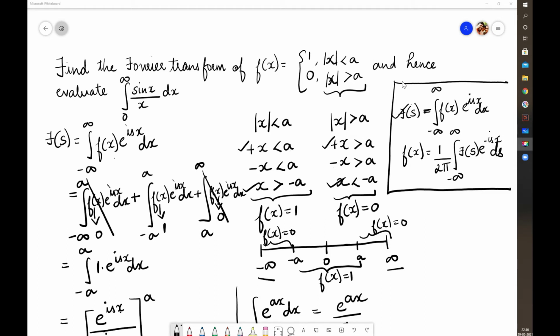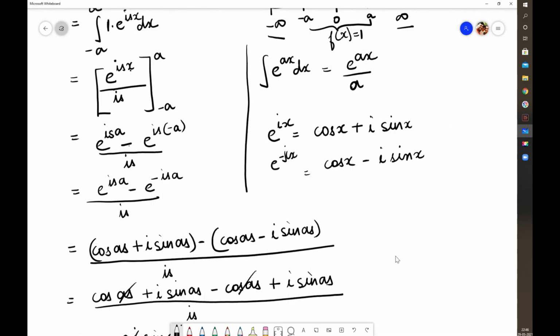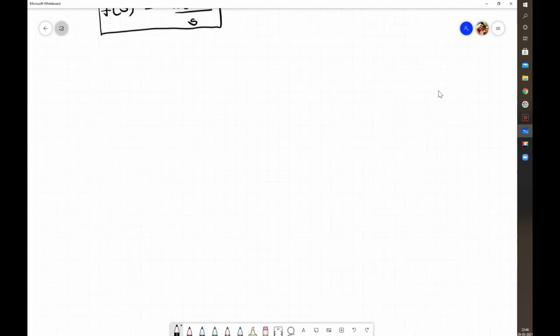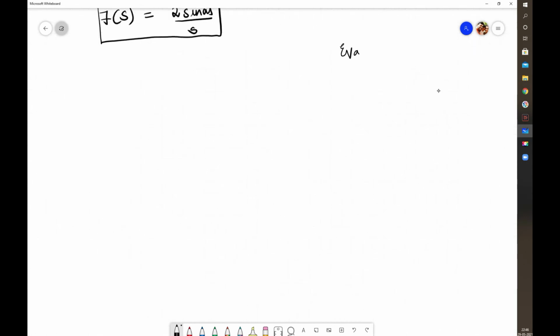Now we have to do the second part. What is the second part? And hence evaluate the integral 0 to infinity sin x by x dx. To do this, we will use the second formula. What is the second formula?